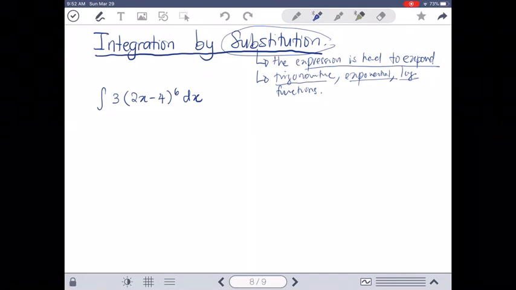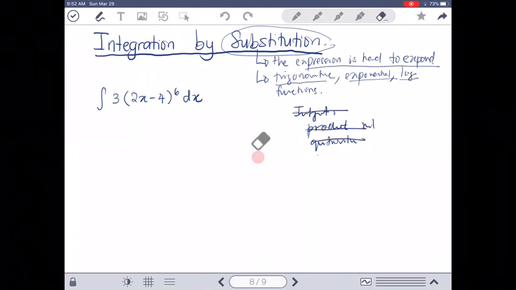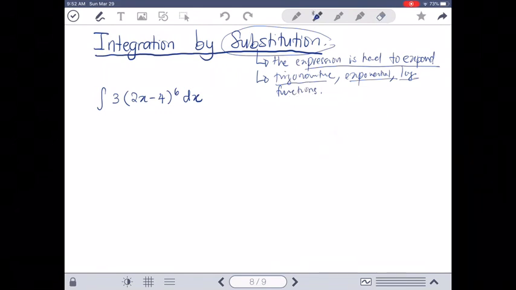Before this, we know that for integration, we don't have any product rule, quotient rule. So this rule doesn't apply for integration. The only way we do it is either you expand, then you integrate, or you do integration by substitution.